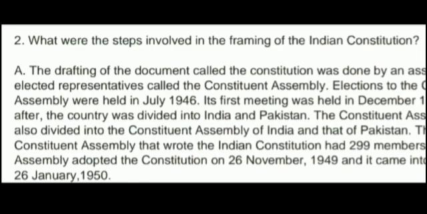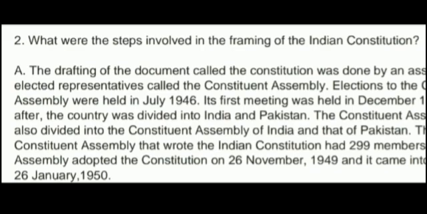Elections to the Constituent Assembly were held in July 1946. Its first meeting was held in December 1946. Soon after, the country was divided into India and Pakistan. So, the Constituent Assembly was also divided into the Constituent Assembly of India and that of Pakistan.